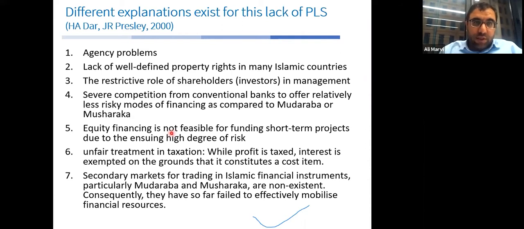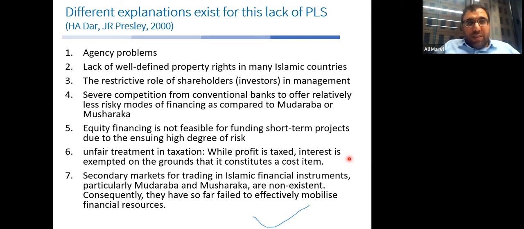And the fourth candidate is that because of severe competition from conventional banks, many depositors do not like, say, risky investment. They prefer to put their money in safe and risk-free investment, even though the rate of return is not so high.